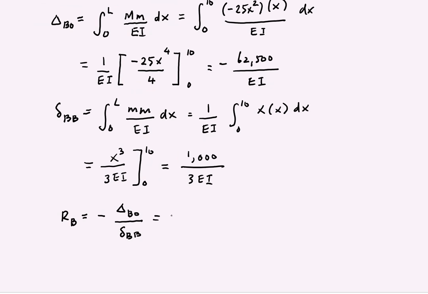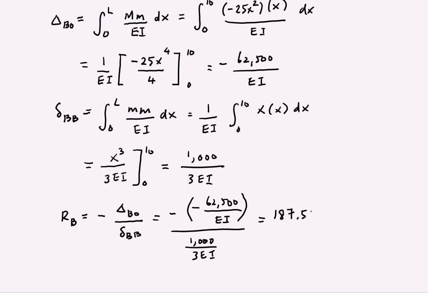It will be negative of negative 62,500 divided by EI, and delta BB is 1000 divided by 3 EI. Solving this, you will get the value of 187.5 kilonewton, and it is positive. This is our reaction at B.